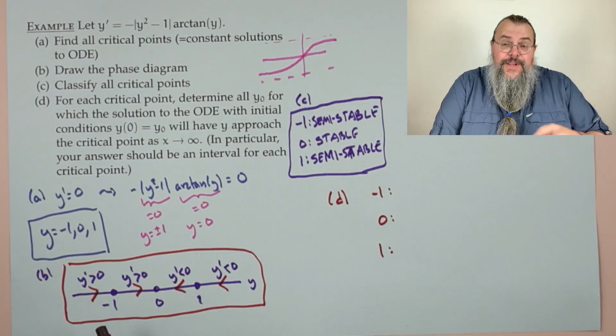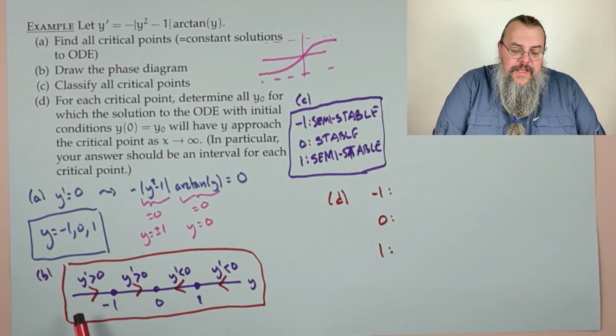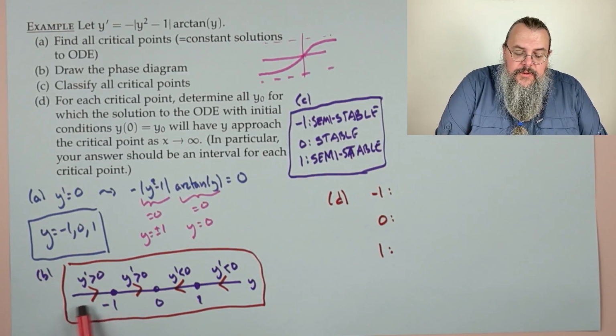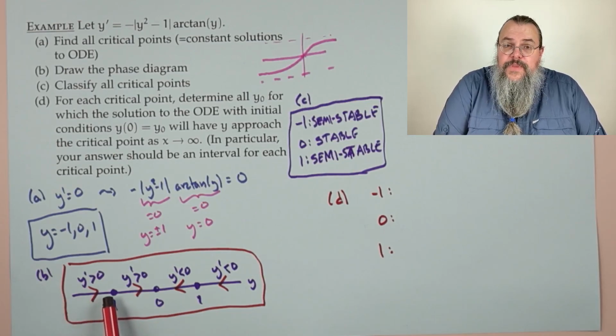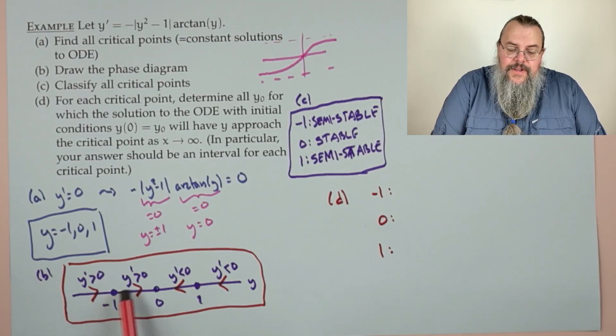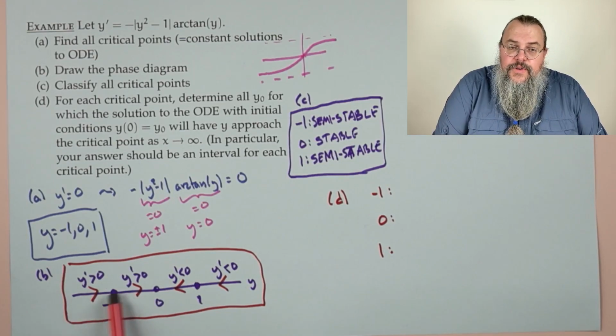So the critical point is always going to be part of the answer for this interval. If I'm below the critical point, I'm going to move up. So any starting point below -1, I will move towards -1. So in the limit, as time goes to infinity, it will approach -1. So I'm going to get everything below -1 will go to -1.